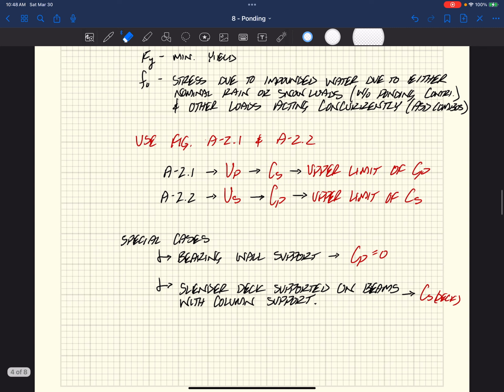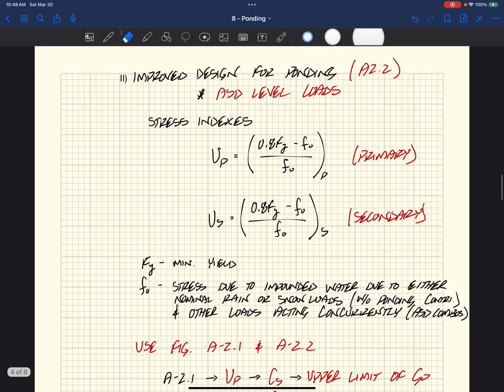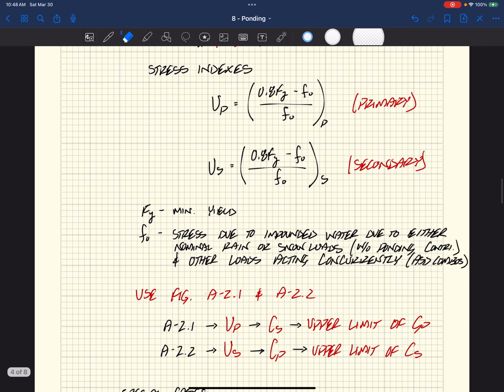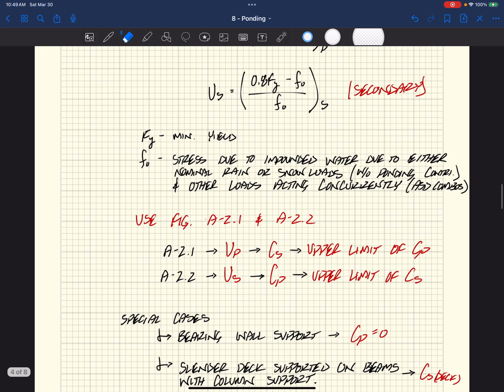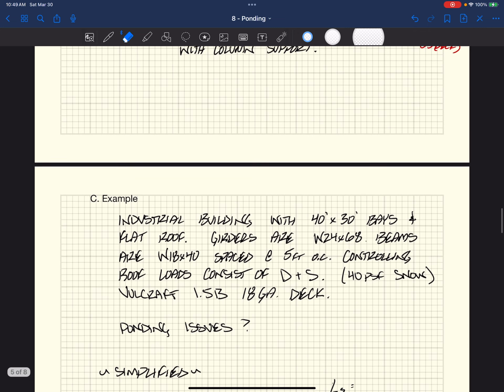And so you end up utilizing these figures that have a graph on them, where you enter the graph with your stress index for either the primary or secondary direction. Then you go to your calculated flexibility coefficient for the opposite, so either the secondary or primary. And then you end up getting out of that the upper limit for CP or CS. There are a couple special cases we went through as well.